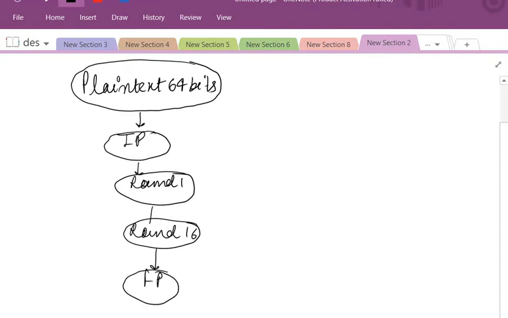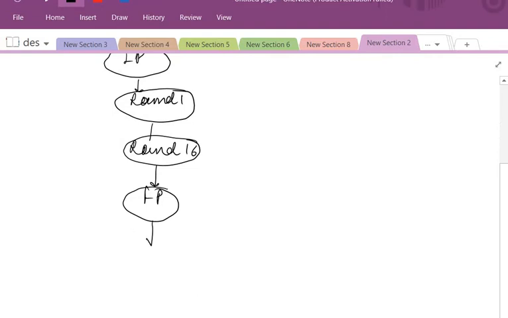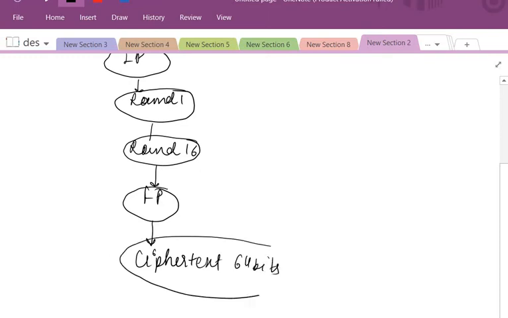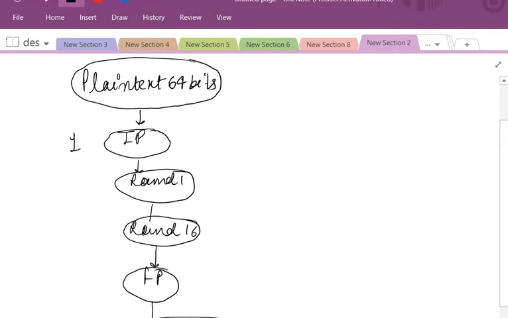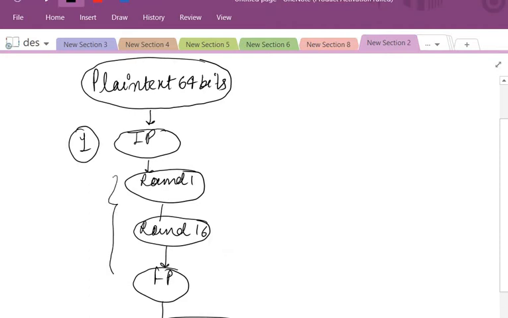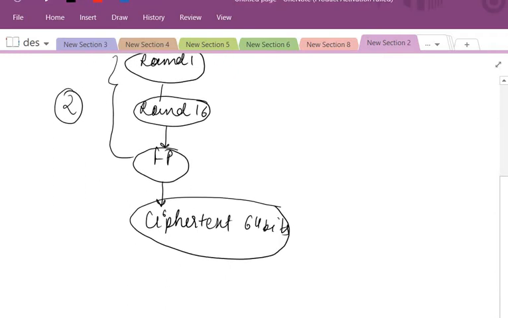After the final permutation my cipher text will be generated successfully. This is my cipher text of 64 bits. So in this structure, this is my first component, the initial permutation. This one is the second component, and this one is the last component, that is the final permutation.